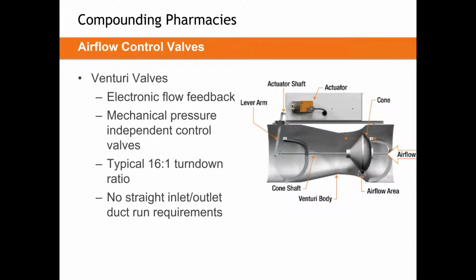A Venturi valve, because it's a mechanically pressure-independent device, doesn't need a controller or actuator or any electronics to maintain a flow set point. That entire enclosure you see on top of the valve can be removed, and that linkage assembly right here can be mechanically locked into place.